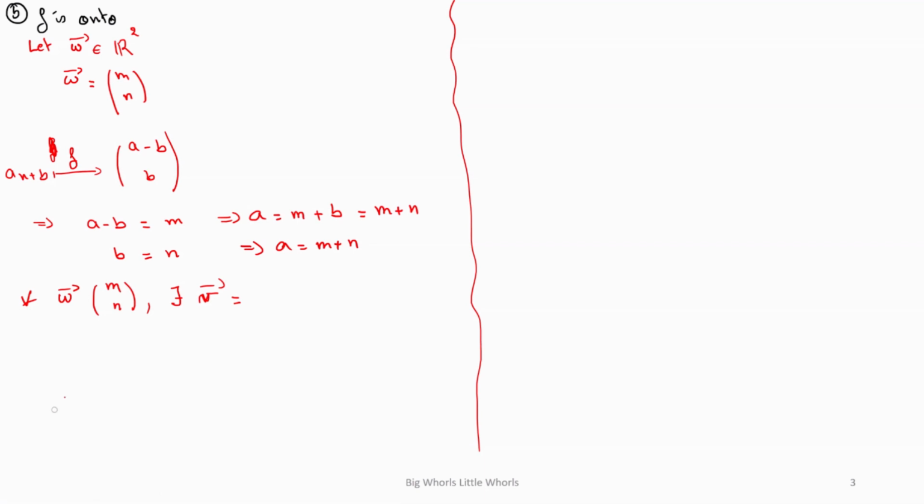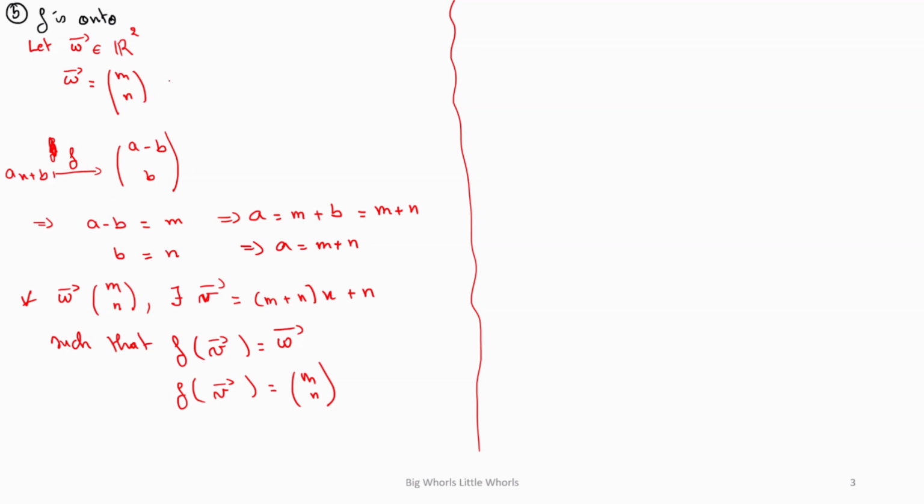This v is in P1, equal to (m plus n)x plus n. So if I have a vector W, I can find V in the domain space such that f of V equals our W, that is, f of V equals (m, n).